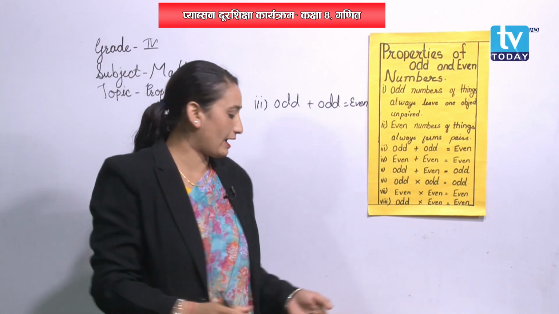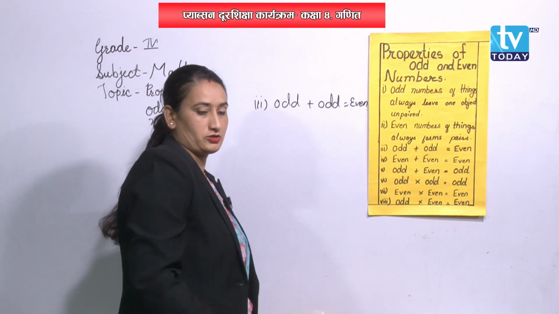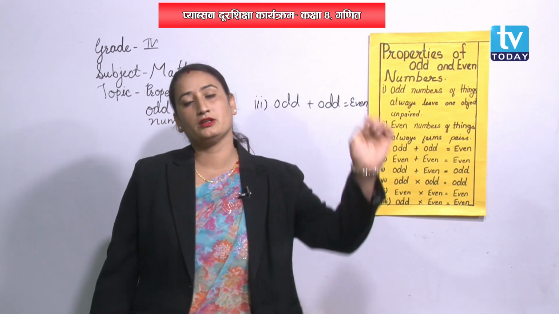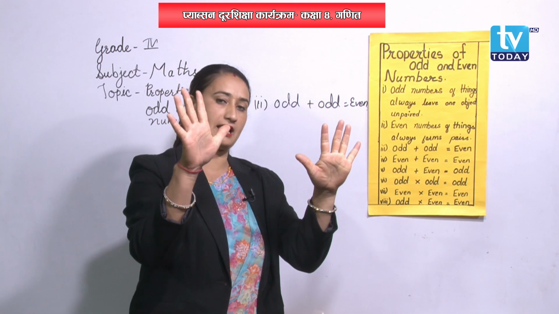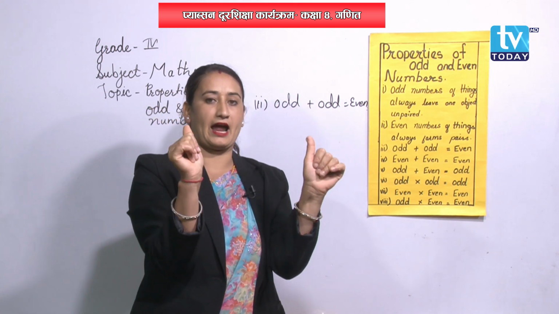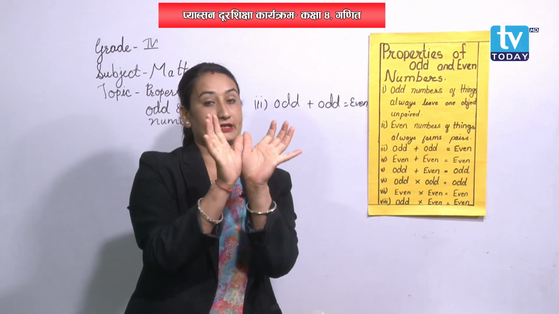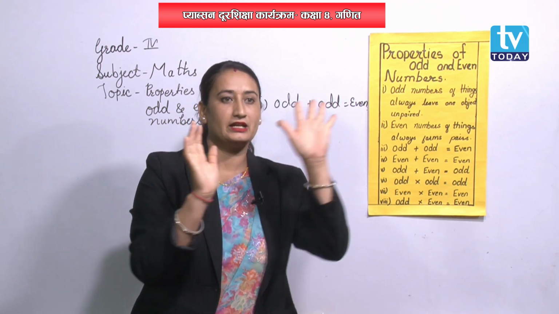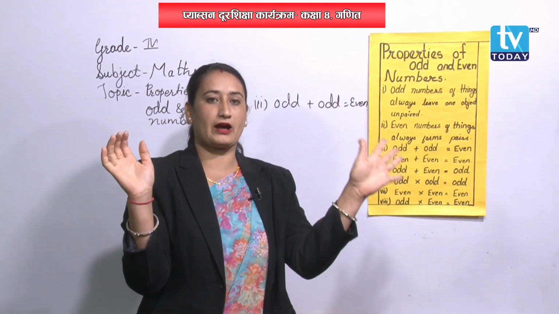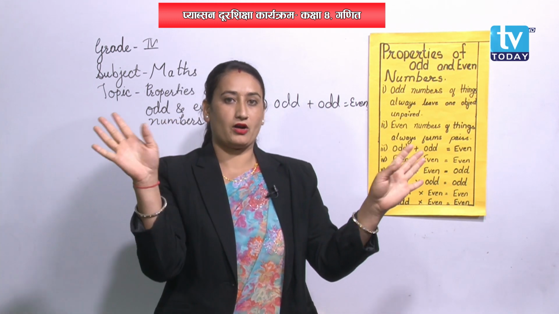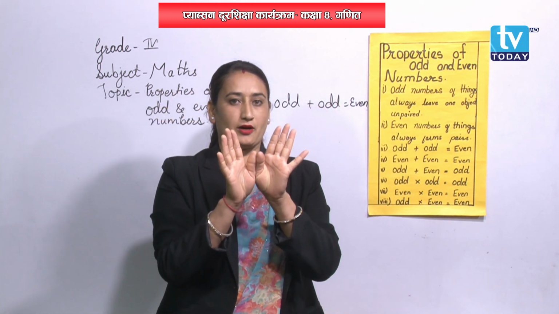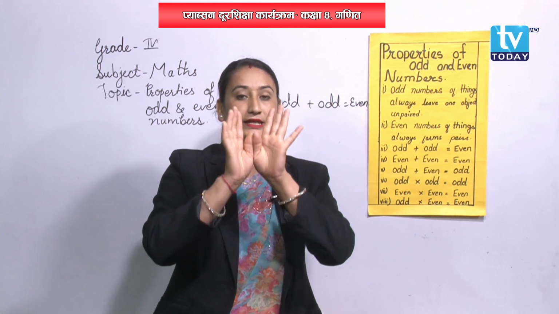Just now I have shown you on my fingers, so you can see on your one hand. This is odd, right? This is another odd. If I add these two, odd and odd, then it becomes even, right? This 5 fingers, this 5 fingers. 5 is odd, 5 is odd. So if I add odd and odd at once, then it forms a pair. That means even.